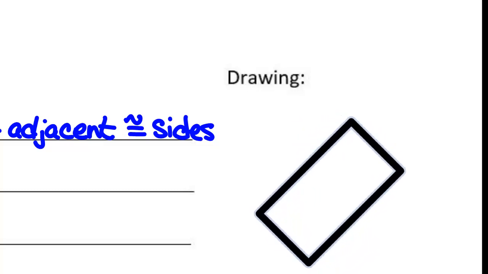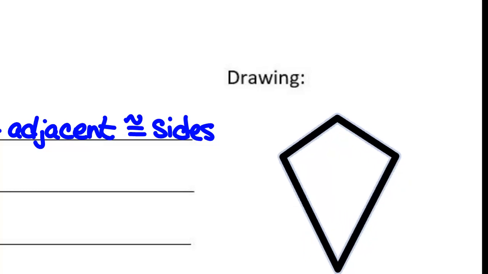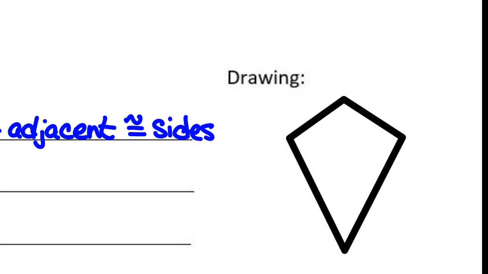So I'm going to try to get a kite drawn here. All right, there's my kite.